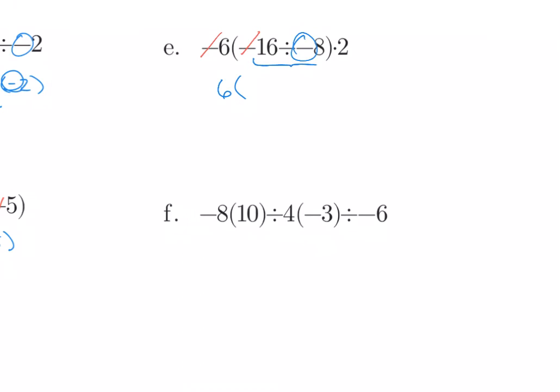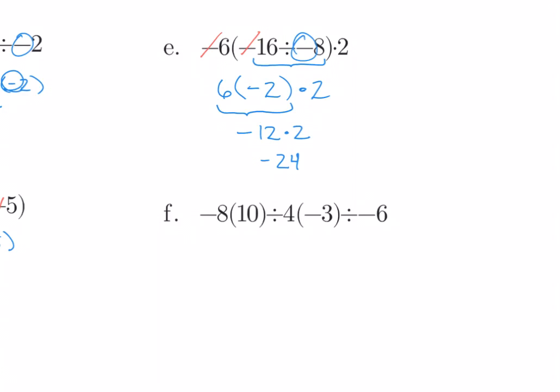We're going to simplify inside the parentheses first. If you want, you can keep that negative there. Now if we go ahead and multiply from left to right, we get 6 times negative 2 is negative 12. Times 2 is negative 24.